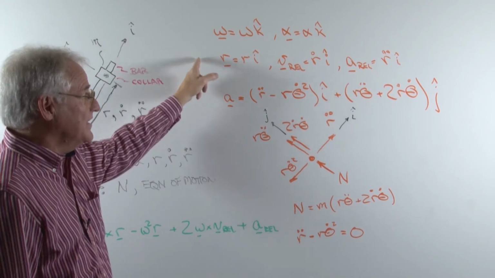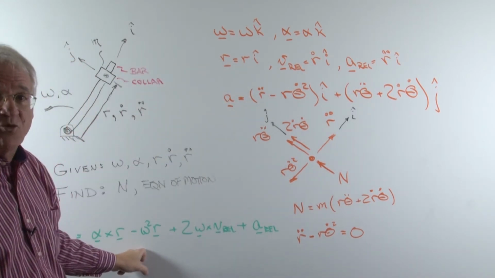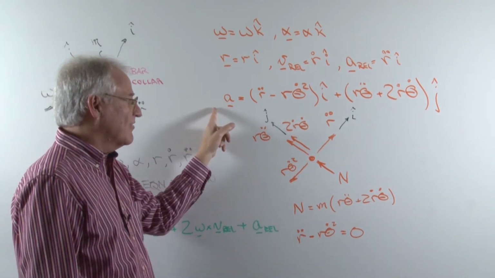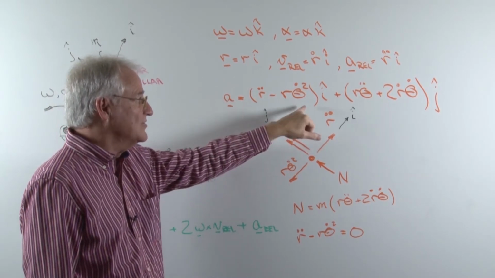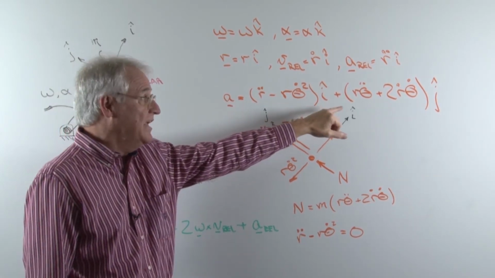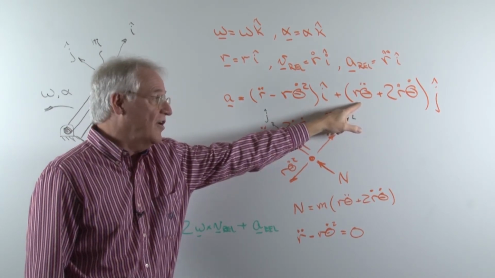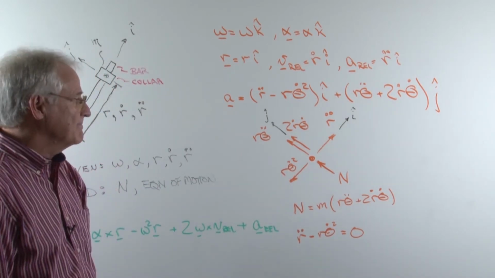When we plug these vector quantities into our well-known equation for acceleration, we get that the acceleration of that point is r double dot minus r theta dot squared in the i hat direction, and in the j hat direction we have the terms r theta double dot plus 2 r dot theta dot.